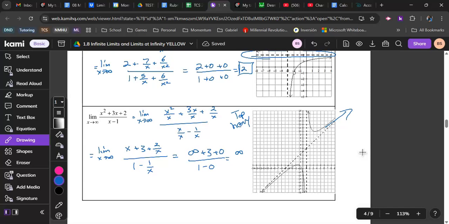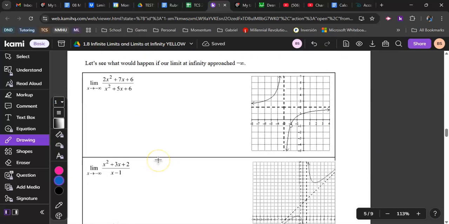Yeah, if you have an infinitely large number, adding 3 to it doesn't matter. And on that last problem I divided by x because I'm always dividing by whatever the degree is on the bottom.